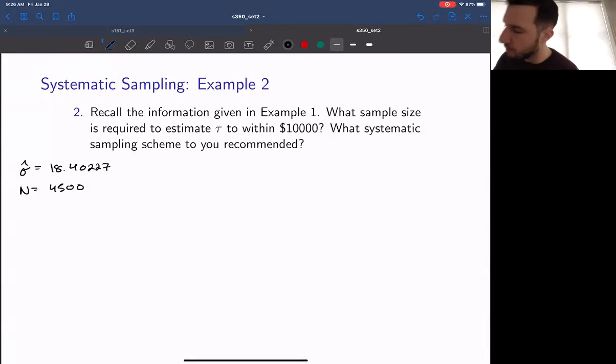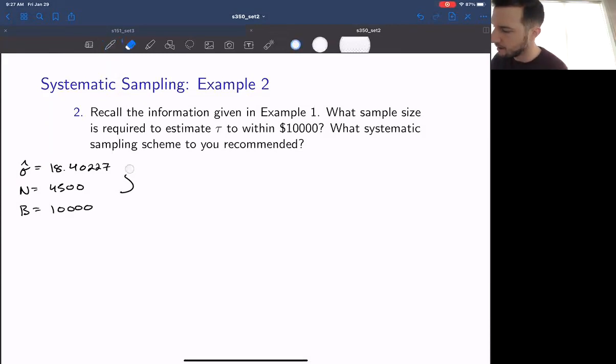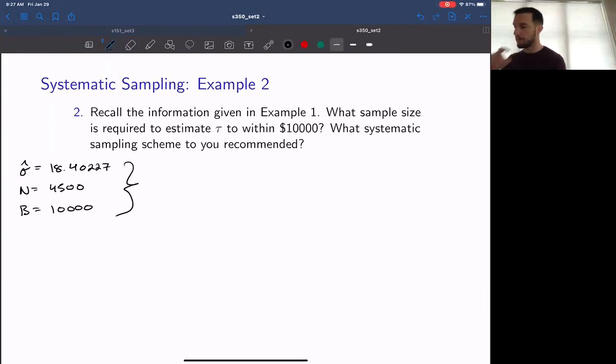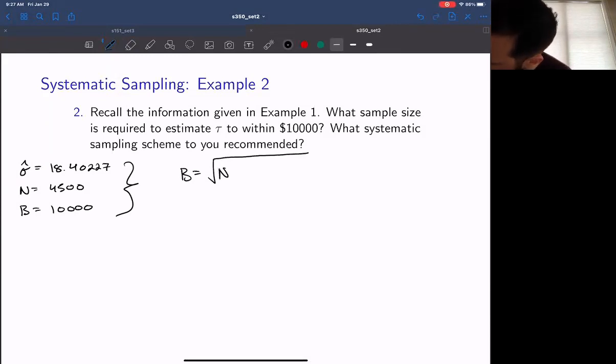All right, and then we want our bound to be 10,000. Yeah. There we go. Okay, so we're going to have B is equal to the square root of N squared multiplied by the variance of tau hat sy.